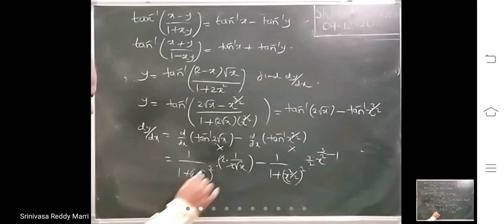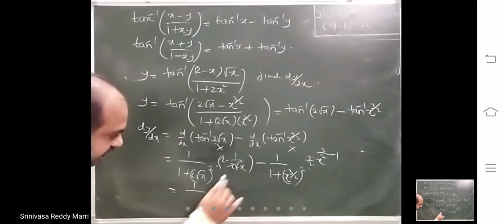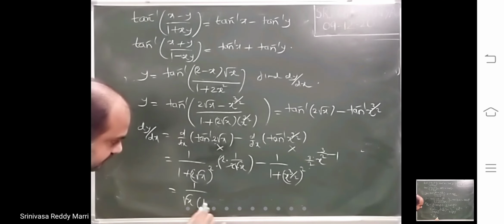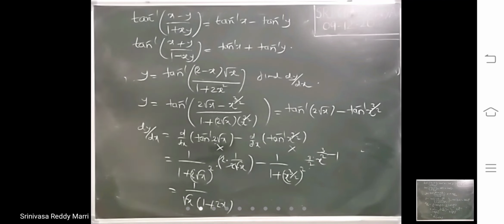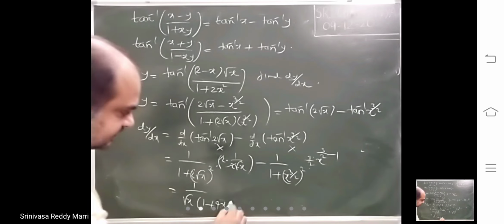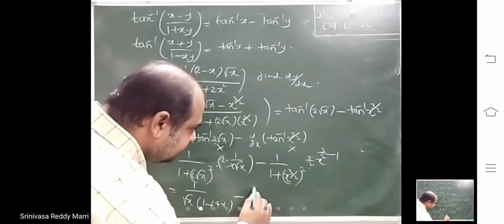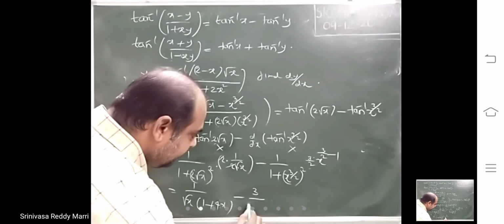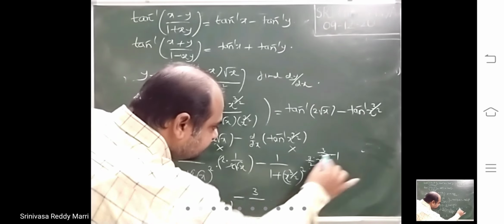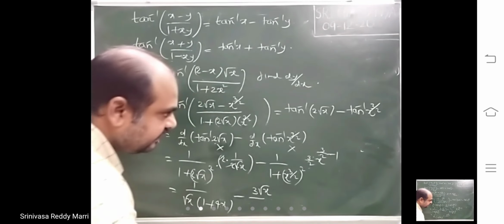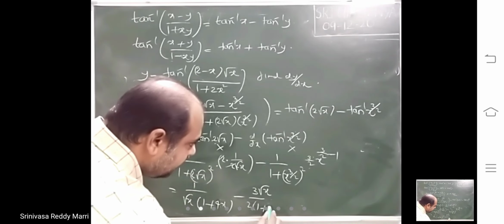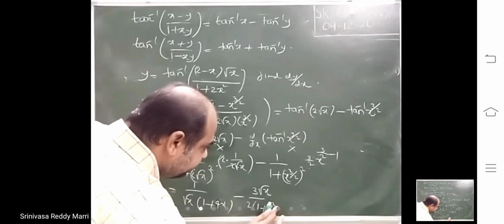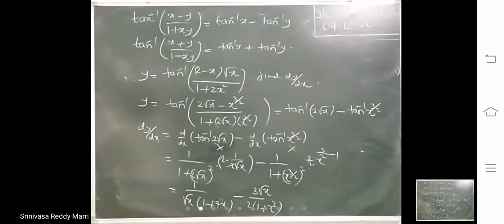The 2s cancel. Your final answer is 1 by root x into 1 plus 4x minus 3 by 2 into root x divided by 1 plus x cube. This is the final answer.